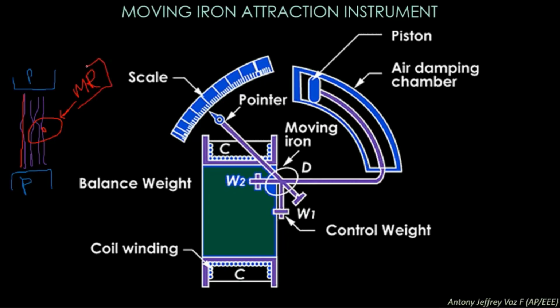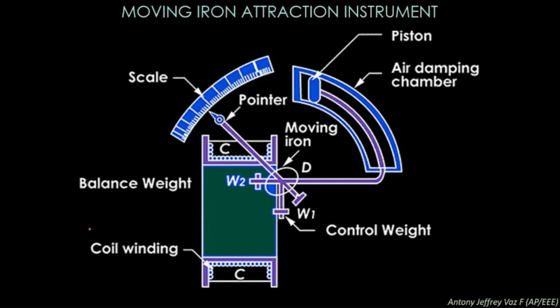So by this principle, by turning this disc to the minimum reluctance position, the pointer is going to give you a reading. This moving iron is attached to the shaft and the pointer. So once this moving iron rotates, the shaft, the pointer, the air friction chamber, everything is going to rotate with it. So the least reluctance path gives you the accurate reading of current or voltage being measured by the instrument.